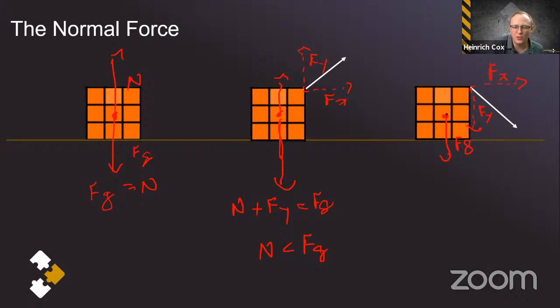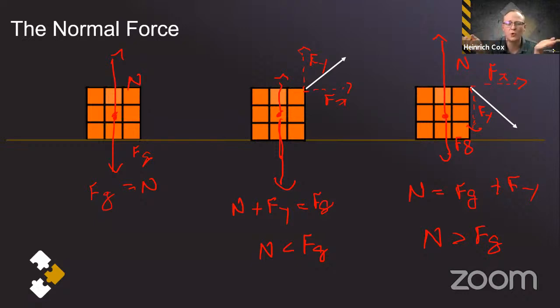So in order for the object to remain at rest, the normal force going up has to be equal to the sum of these two things. So here, the normal force is equal to Fg going down plus Fy going down. So this is an instance where the normal force is actually greater than the force of gravitation, right? So not just equal to gravitation, it can be less than or it can be more than.